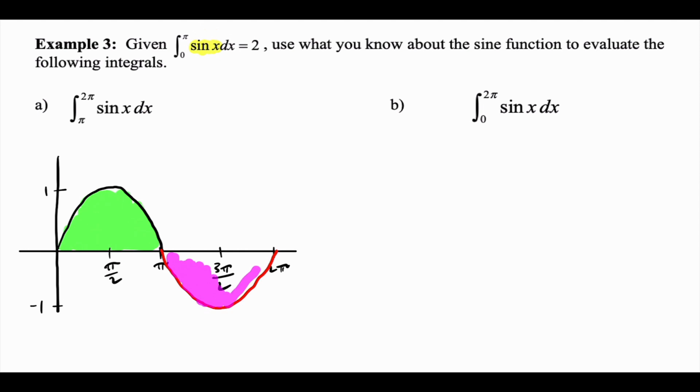So the green is what they've given me. Pink is what I need to find. So they've told me that this is 2. Area of that's 2. So A is area from pi to 2 pi. So what is that going to be?